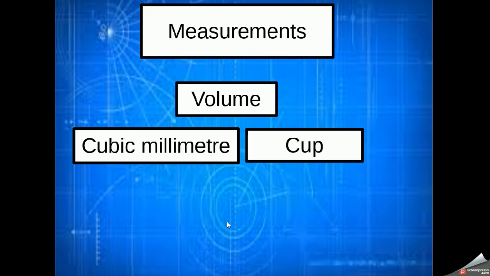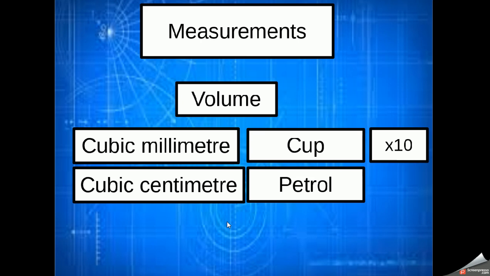So for instance, if I had a cube that was 1 millimeter wide, its height would be 1 millimeter and its length would be 1 millimeter. So it's 1 times 1 times 1, and the volume of the cube is 1. And the volume of, say, a cup would be measured in cubic millimeters.